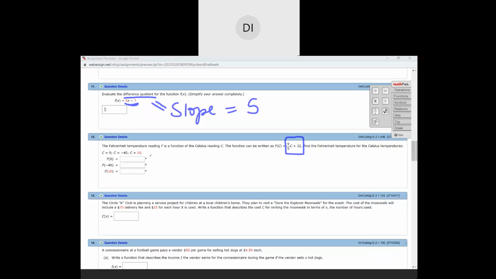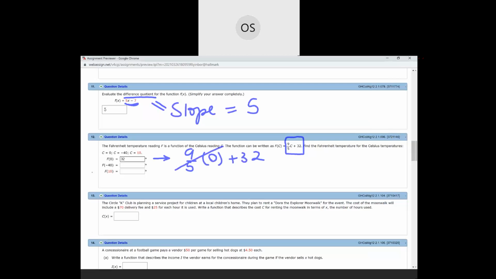If I want to do the first one, it's going to be 9 over 5. Just exactly what we did before, plug it in, evaluating. Then C is 0, plus 32. A number times 0 is 0, so the answer is 32, right? Yes. Then the other one, we need to replace C with negative 40.